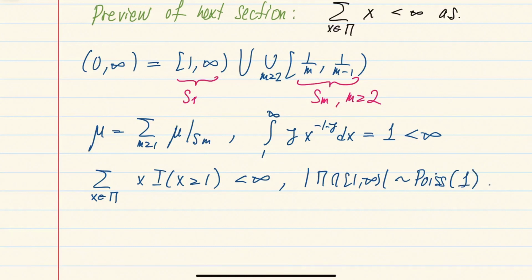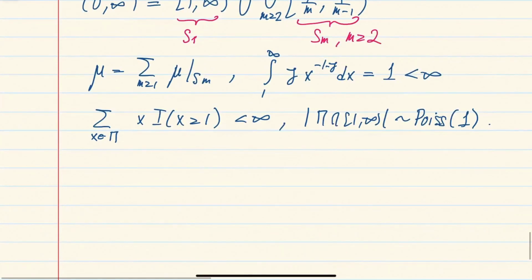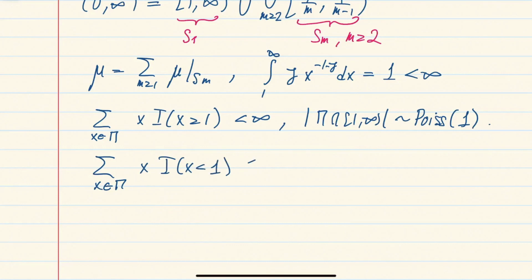So there are just finitely many terms in this sum, so almost surely it's finite. Okay, and then it remains to show that the sum over points x below 1 is also finite, almost surely.